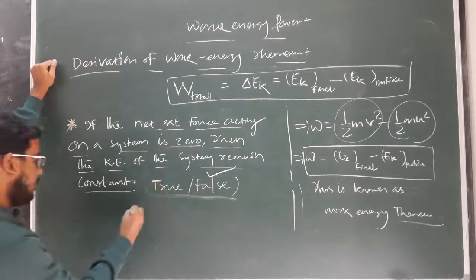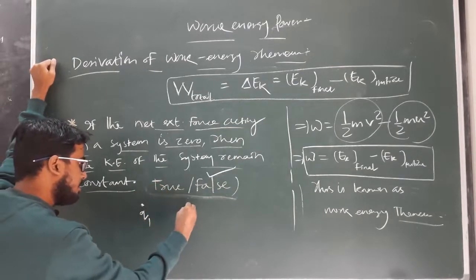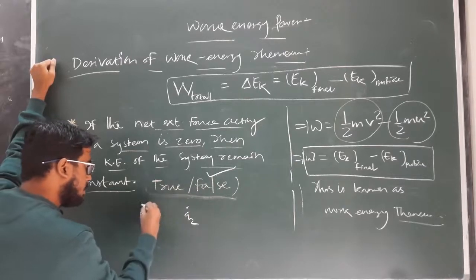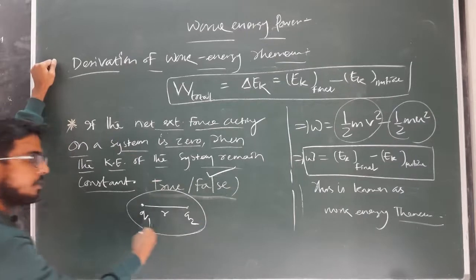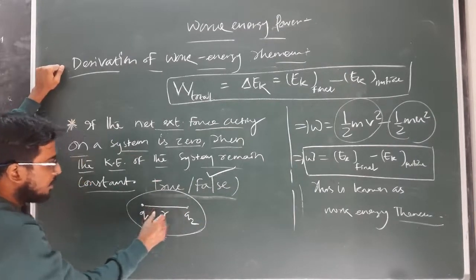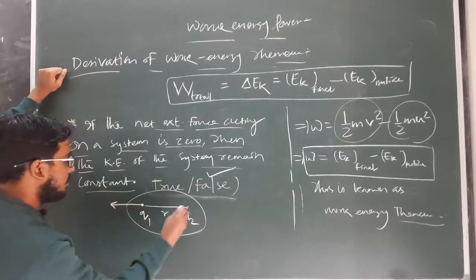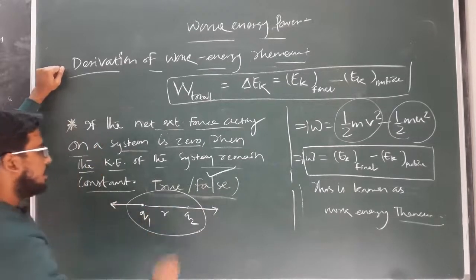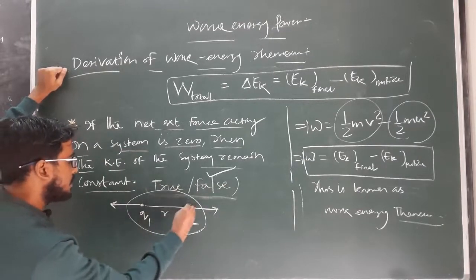For example, if here are two charges Q1 and Q2 which are separated by distance r, this is a system. Clear? If we allow these charges to move freely, they can move along this direction due to the internal repulsive force of these two charges.